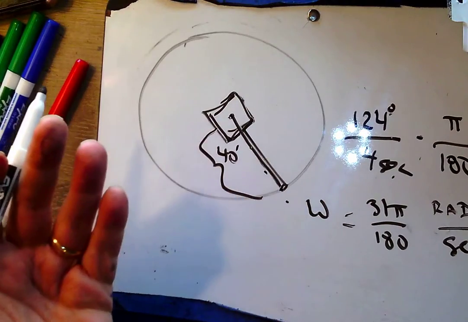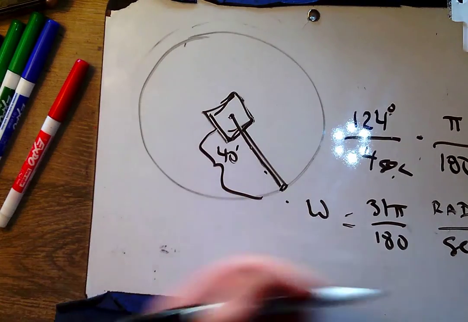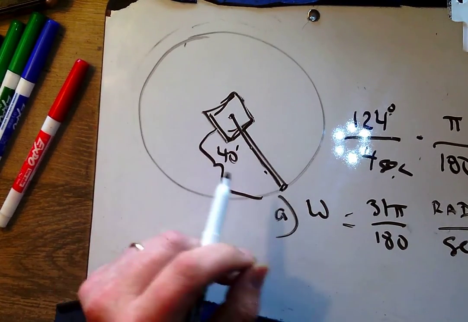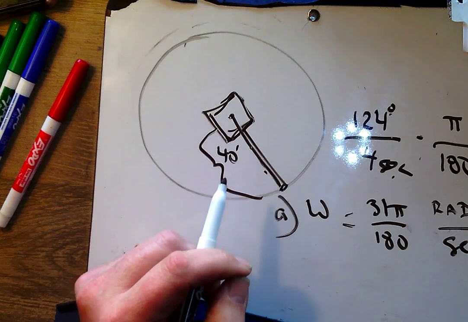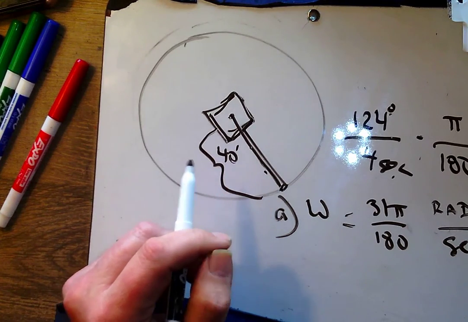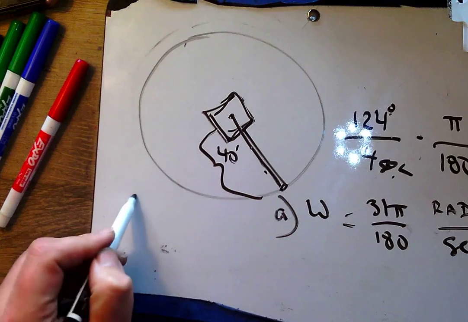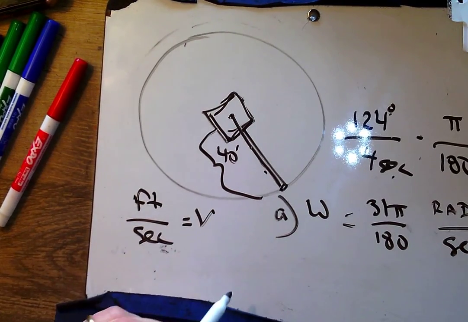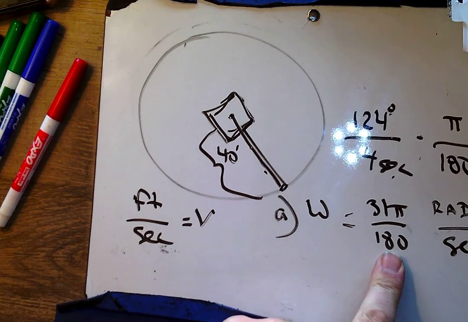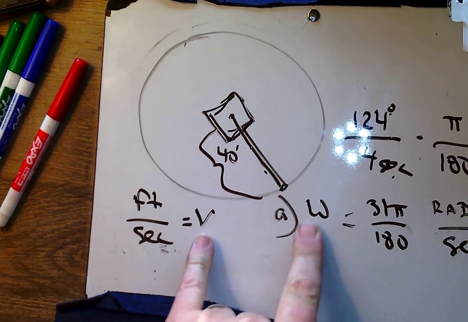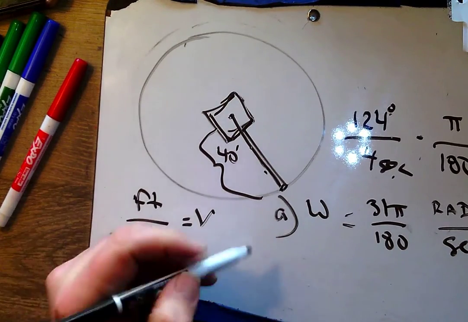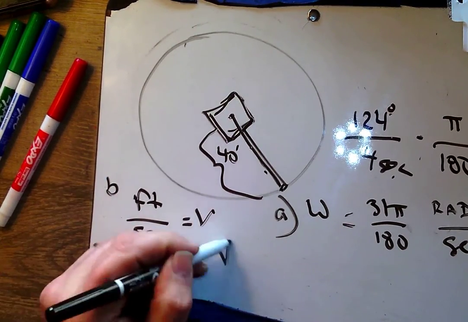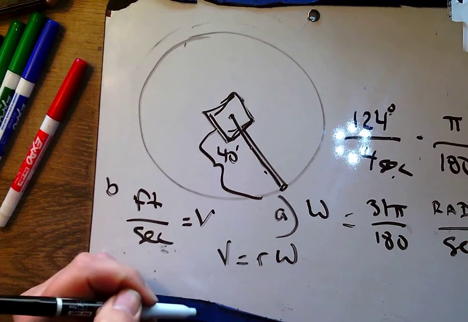Find the angular velocity of the tip in radians per second. Oh my goodness, we're already done with part A. Part B, how many feet per second does the tip of the gun barrel move? Feet per second is a linear velocity. Well, I know the angular velocity. Do I know a relationship between these two? Sure, we've got our little bridge formula. V equals R omega.